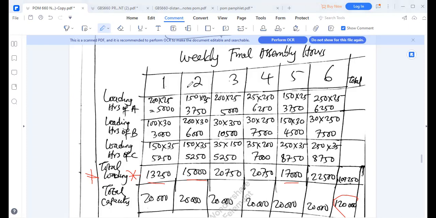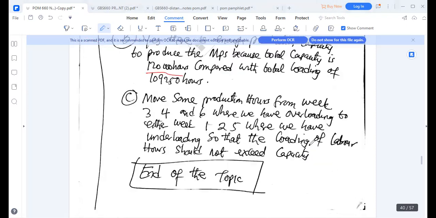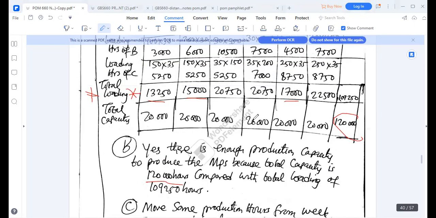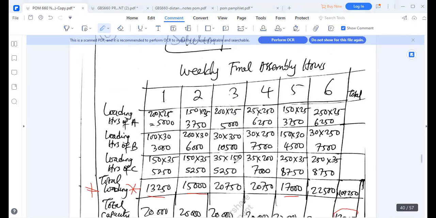So we are supposed to move some labor hours. To be precise, you can move the 750 labor hours from week 3 to week 2. You can also move labor hours from week 4 to week 1, or you can take all of these to week 1: the 2,500 hours from week 6, the 750 hours from week 4, and the 750 hours from week 3.